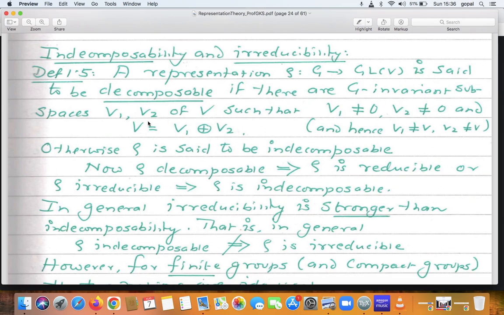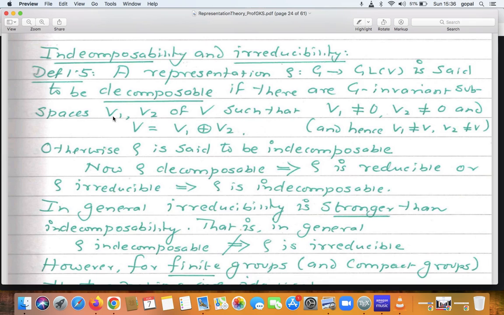Now, why are we calling it decomposable? Because rho G is a linear transformation from V to V. We can restrict the linear transformation to V1 or V2, and then we can get a subrepresentation. So rho G restricted to V1 will map V1 to V1. Rho G restricted to V2 will map V2 to V2.